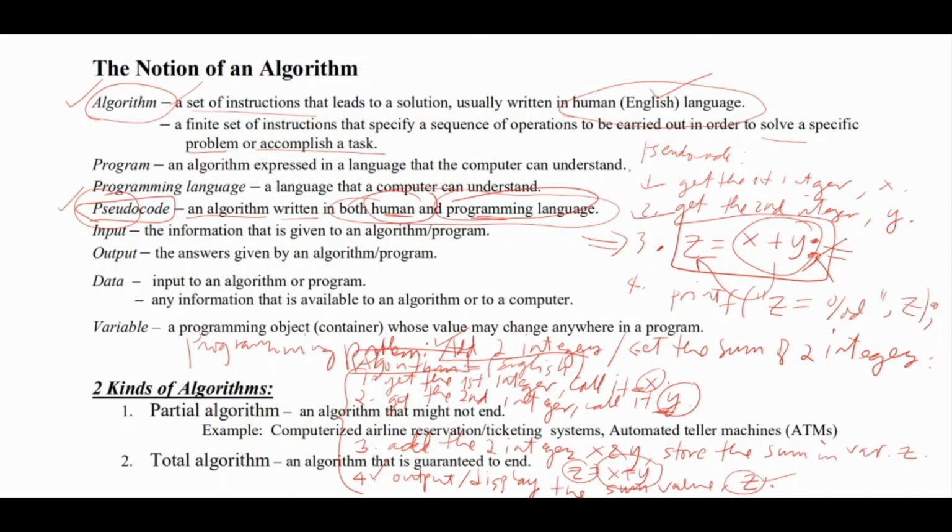Okay. So take note that number 3 and number 4 instructions are written in C programming language. This is the built-in function in C programming language, printf, to display everything that is inside the double quotations. So whatever is inside the double quotation will be displayed on the monitor.